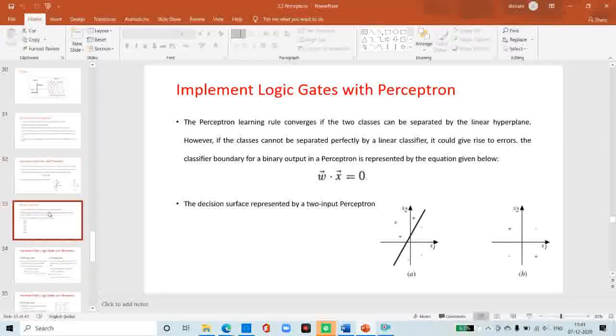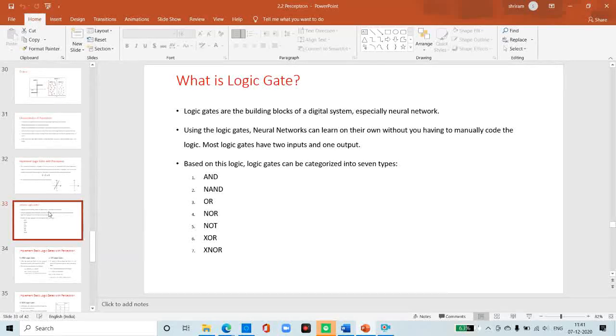So next is, what is a logic gate? The logic gates are the building blocks of a digital system, especially in a neural network. They are electronic circuits that help in addition, choice, negation, and combination to form a complex circuit.